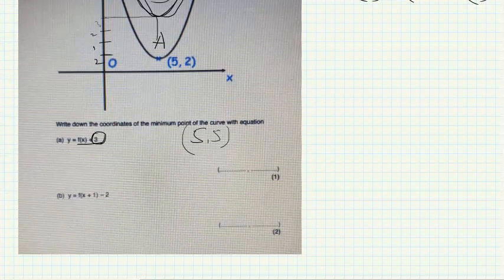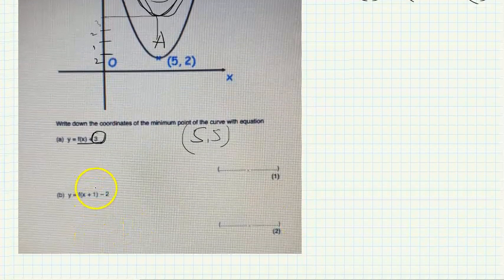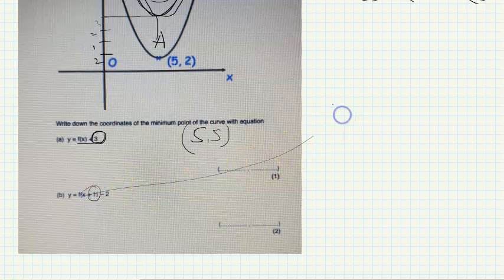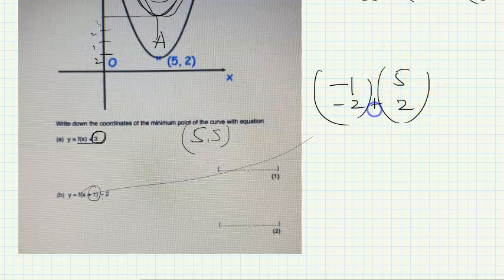What is the second part saying? So x is minus 1 and y is minus 2. And this is 5, 2. So 5 minus 1 is 4 and 2 minus 2 is 0. 4, 0. So for this one, this is 5.